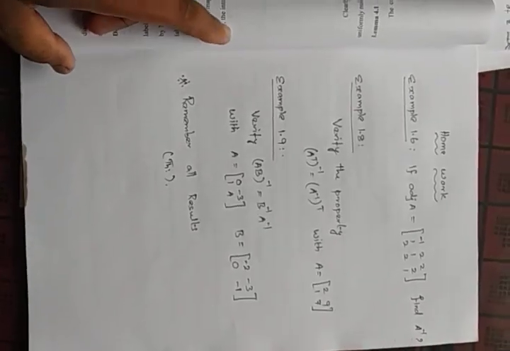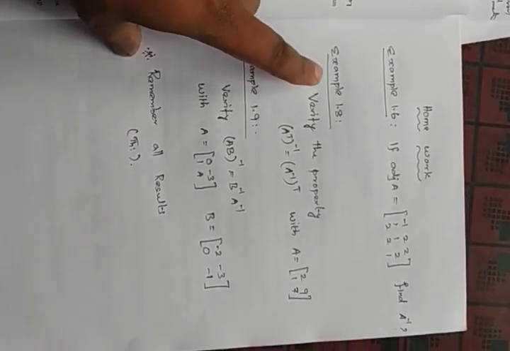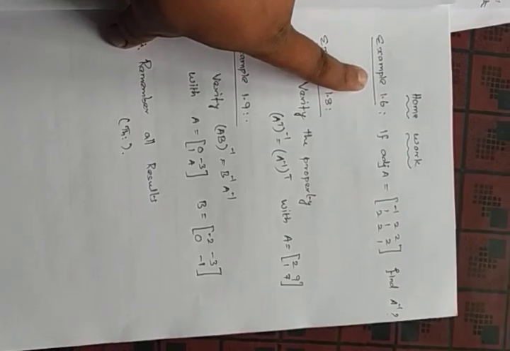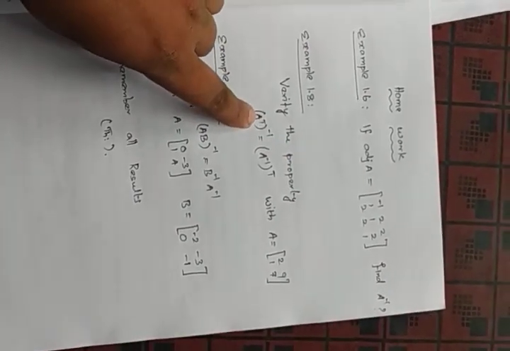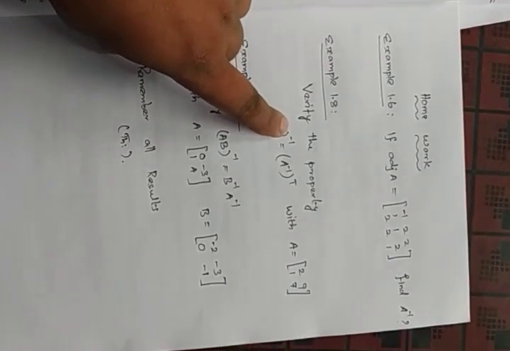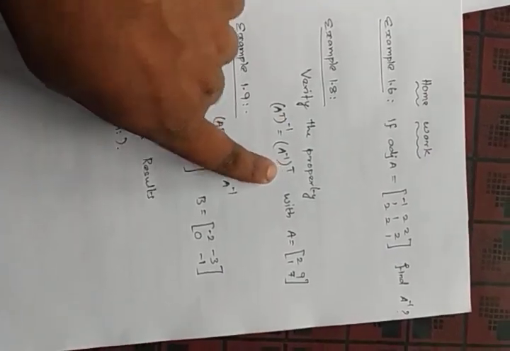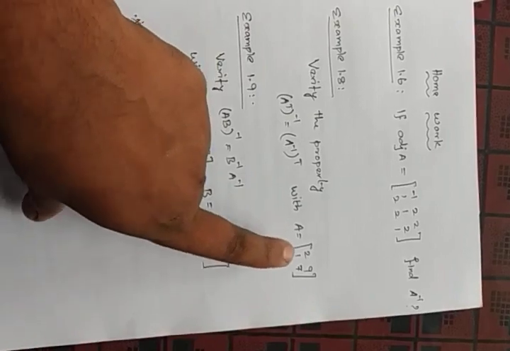It's homework I have given here. I will take a photo and send you the photo also. Here there are two things: example 1.8, and example 1.6 I already told you. Example 1.8 is to verify the property, A transpose whole inverse equal to A inverse whole transpose. Here the matrix is a 2 by 2 matrix, 2917.